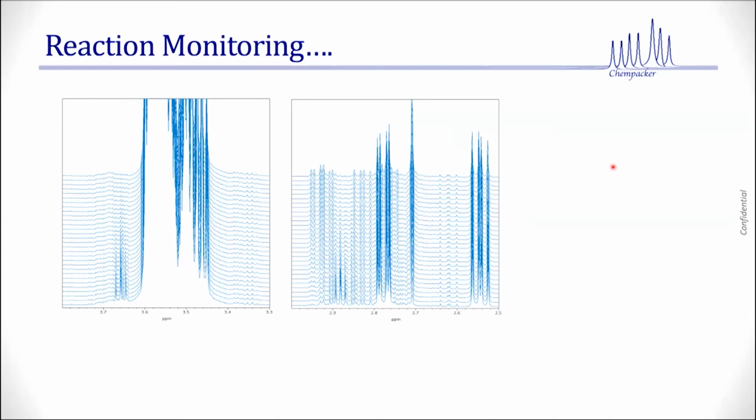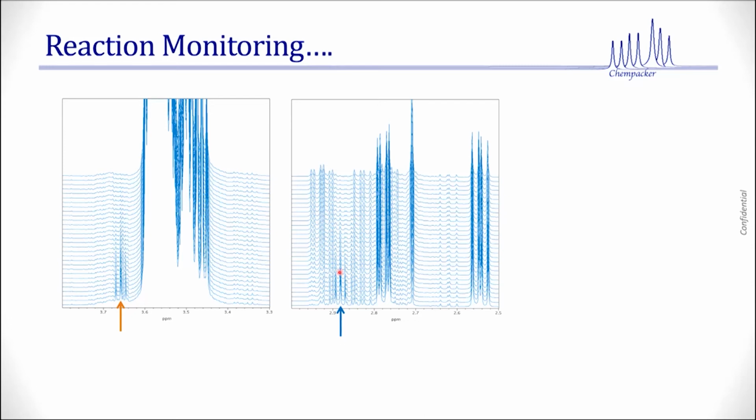What is the peak that we are interested in? We are interested in two peaks. In here, I'm interested in this upfield peak and want to look at its time course. In the downfield region, I'm interested in the time course of that peak right there.